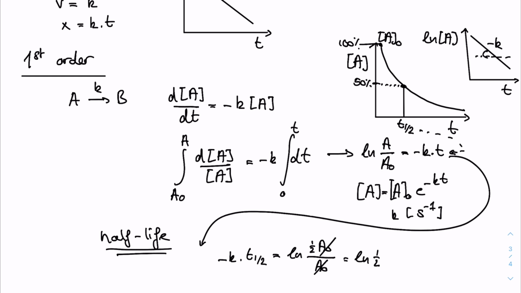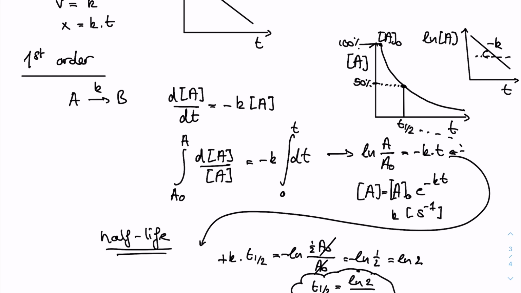We multiply everything by -1, so we get plus k T half equals minus ln of a half, which is ln 2, right? Because ln 1 is 0. And then we get T half is ln 2 over K. Right? So that's pretty nice.